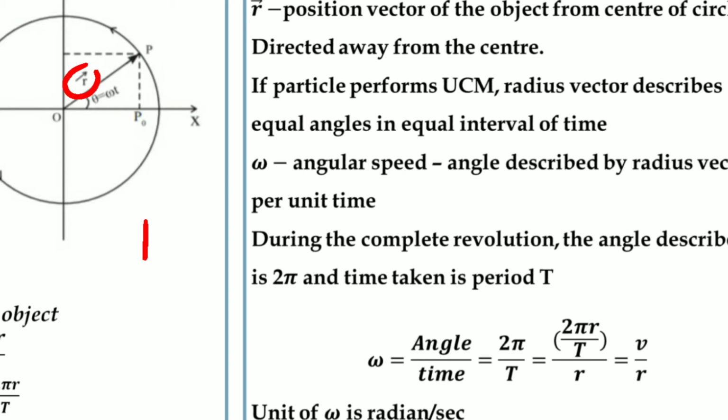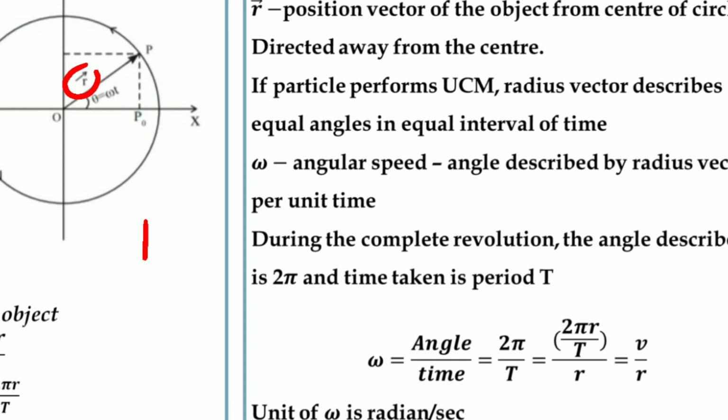which is angular speed, the angle described by the radius vector per unit time. As the particle moves along the circle with time, its position with respect to time is always changing, and its angle is also changing with time.